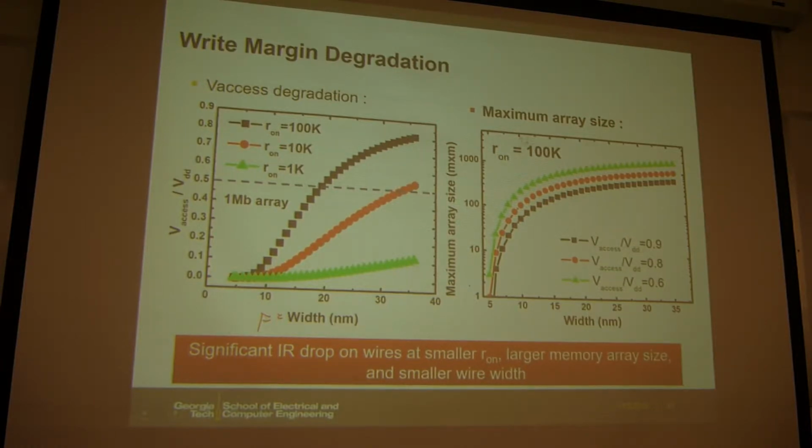Similarly here, if we keep the on-state at 100 kilo ohm, then we can vary the width, and we can get the maximum array size to satisfy a certain write margin. For example, at 20 nanometer, you can get maybe a 128 by 128 array working.